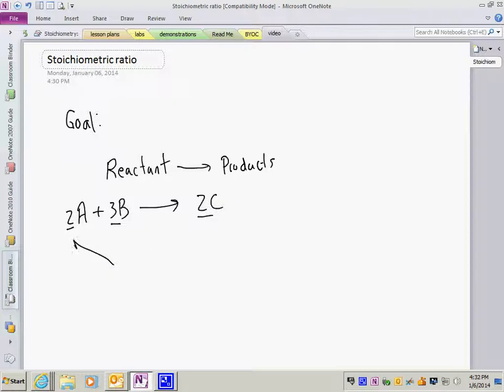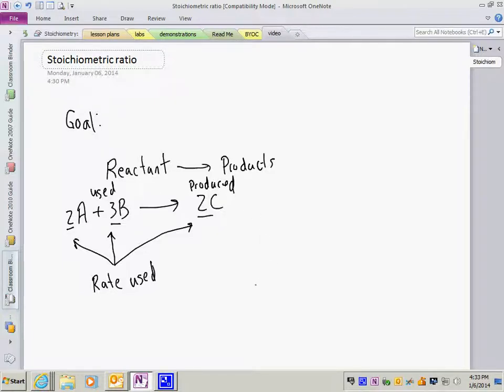I often describe these coefficients, and you've been balancing chemical reactions since you're probably in middle school, but this is really describing the rate used. It might describe the rate consumed here, and then this is the rate produced.